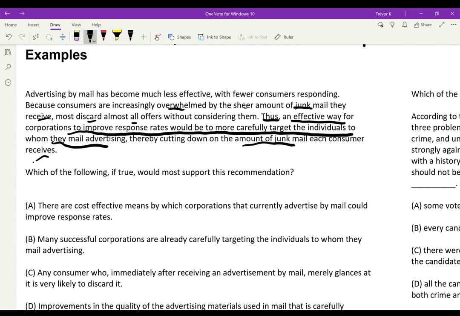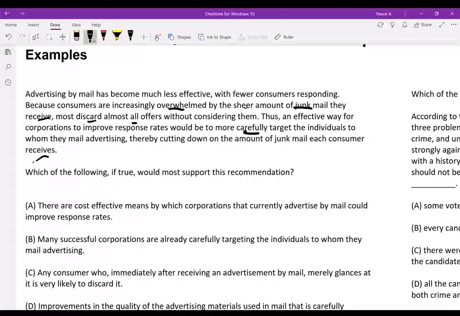Conclusion, reasoning. Now, if you take a look at this, we've got some gaps here, which is mostly that I don't actually have any evidence for carefully targeting, right? I have no evidence that carefully targeting will improve response rates.